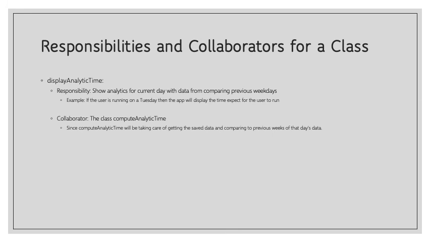The collaborator would be compute analytic time, used to achieve the responsibility. And as I talked about in compute analytic time on the previous slide, it's going to find the data, like today's Monday, all the previous Mondays, and give you the recommended time.